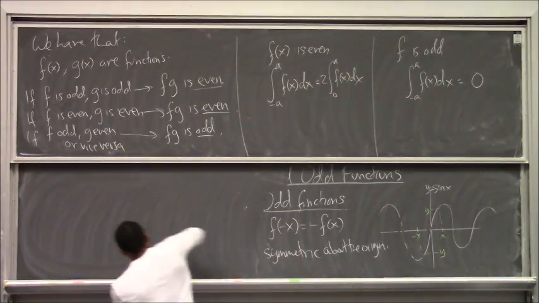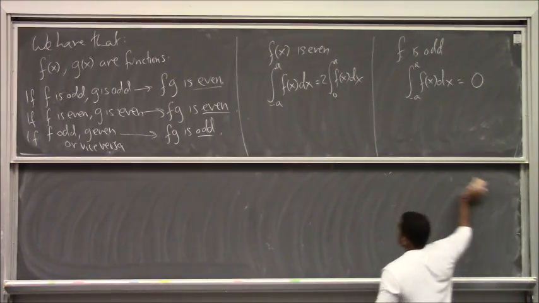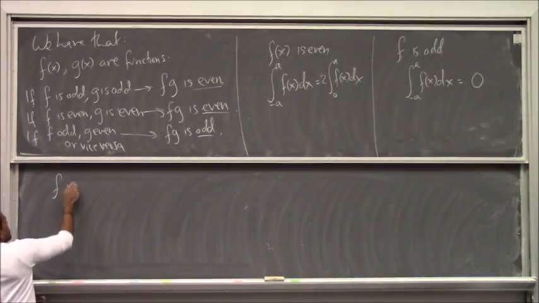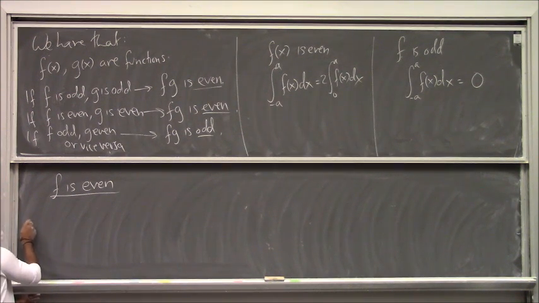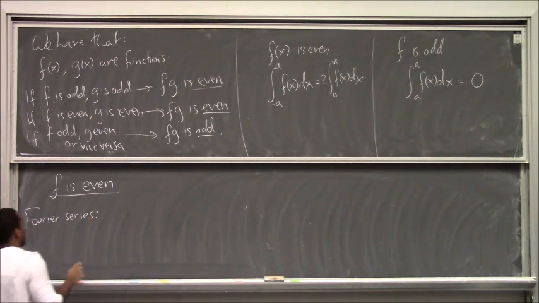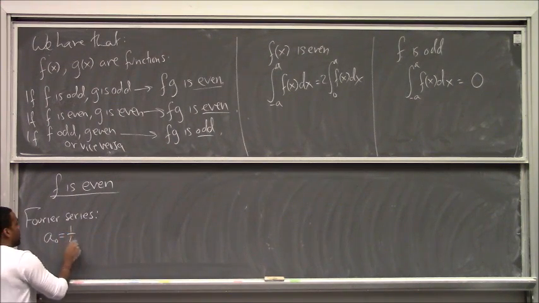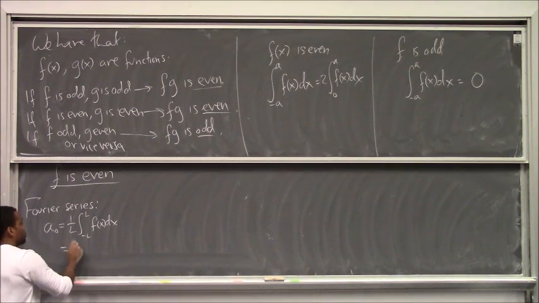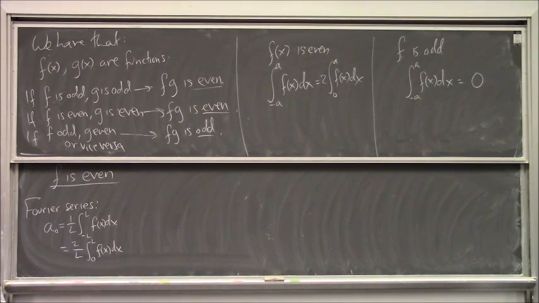So let's say I have a function that I want to find a Fourier series for. Let's say f is even. Then what would its Fourier series look like? My a naught is going to be 1 over L times the integral from minus L to L of f of x dx, which is just going to be equal to 2 over L times the integral from 0 to L of f of x dx, because it's an even function.